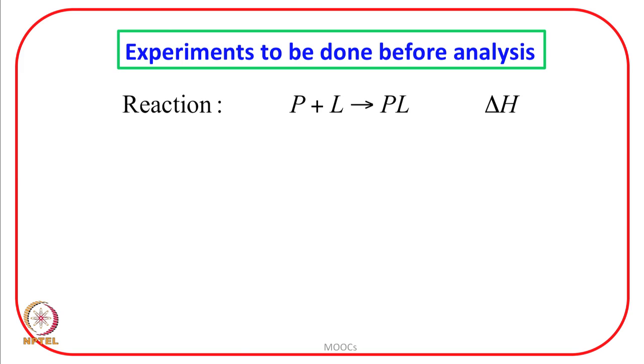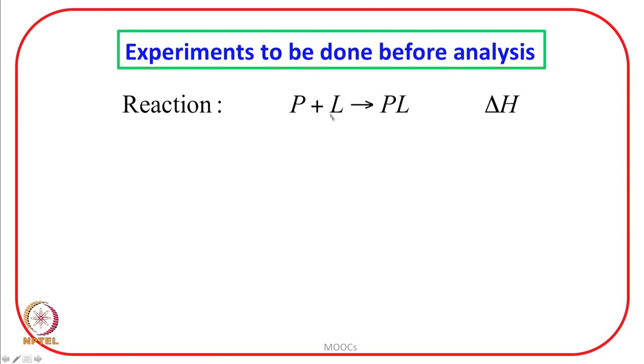But let us examine carefully that the protein is prepared in buffer, and the ligand is prepared in buffer. So, along with the main reaction, that is ligand binding with the protein, the protein also interacts with the buffer, that is a small amount of dilution, and the ligand also interacts with the buffer when it is injected, that is a dilution.